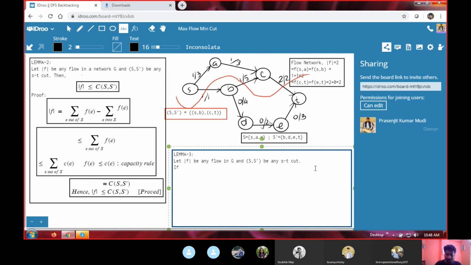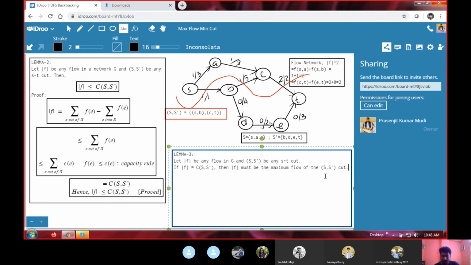If mod F is equal to the capacity of the cut, which is very easy to prove, if this is true, then F must be the maximum flow, and S comma S prime must be the minimum cut.